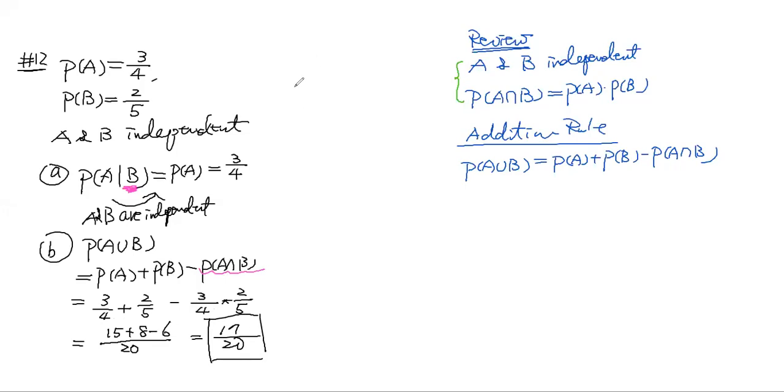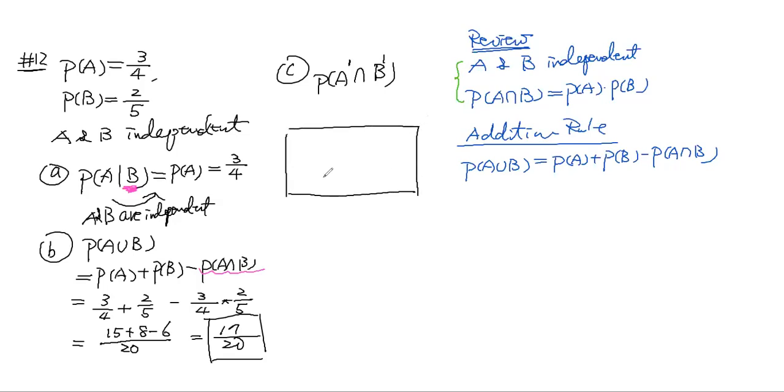Now the next one is the probability of A complement intersect B complement. When we do this type of problem, it is probably easier to draw a graph, so you do a Venn diagram. This is your A, this is your B. I'm going to use different colors so you'll be able to see.